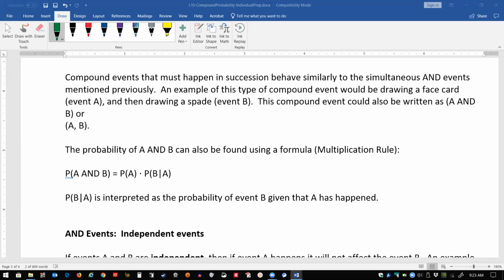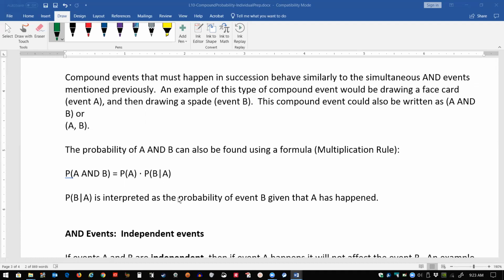When we're talking about the multiplication rule for and, there is a slight new notation that we need to be aware of, right? So for the multiplication rule, the probability of A and B is going to be equal to the probability of the first event, probability of event A, times the probability of event B given that event A has happened.